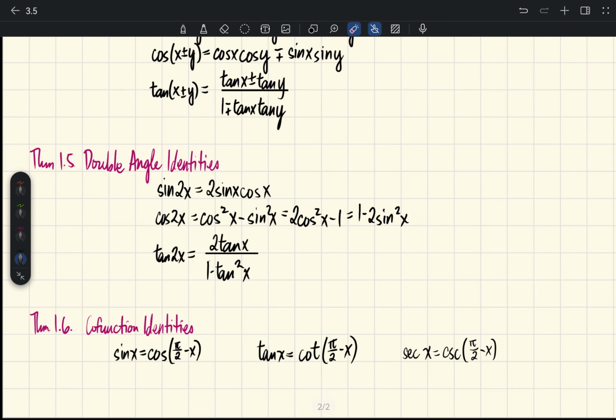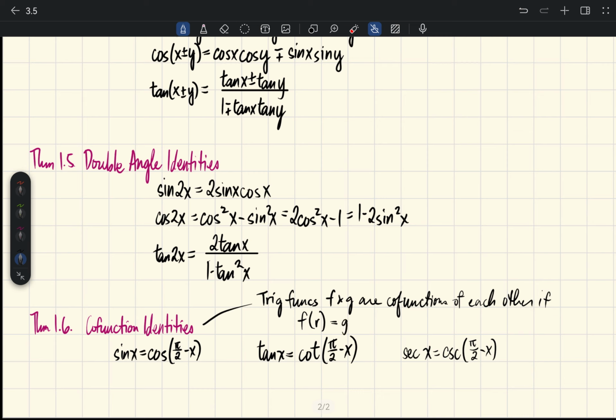Trigonometric functions f and g are cofunctions of each other if f of r equals g of s whenever r plus s equals pi over 2.